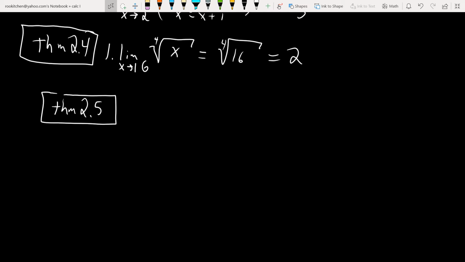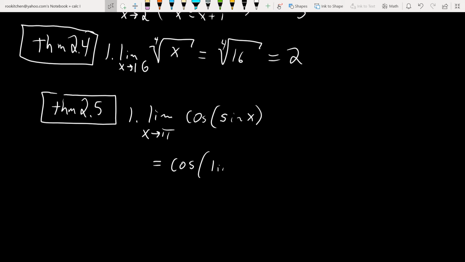So what did he just say? Let me give you an example. The limit as x goes to pi of the cosine of, let's say, sine of x. What I'm saying is, because I can figure out the limit of sine x, and cosine of sine x is something I can figure out, I can do the limit by passing the limit inside of the function, like this.